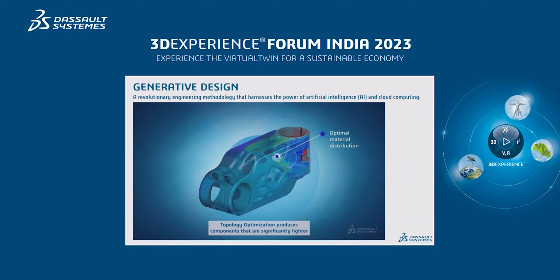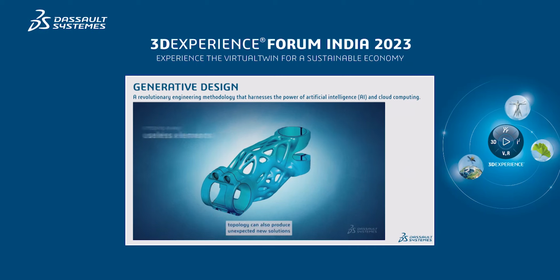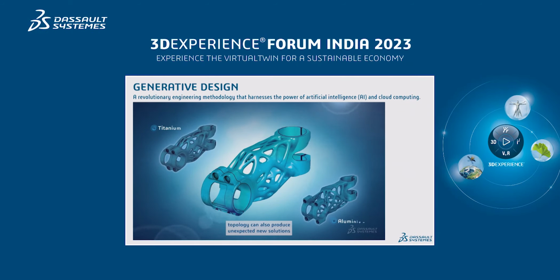Topology optimization produces components that are significantly lighter and can achieve better performance while adhering to strength and geometry requirements. By stripping away void elements, topology can also produce unexpected new solutions to design problems.